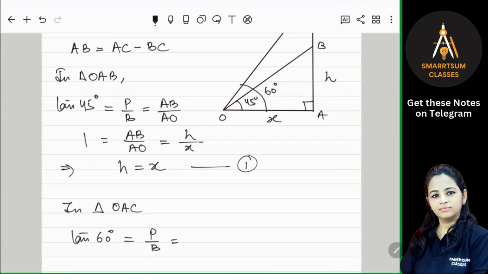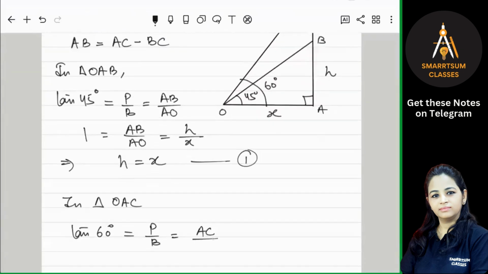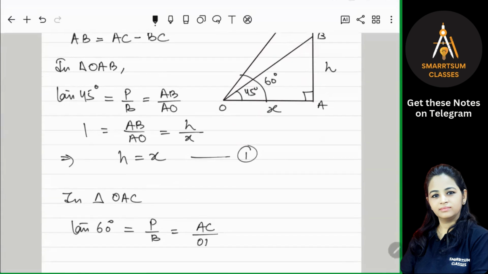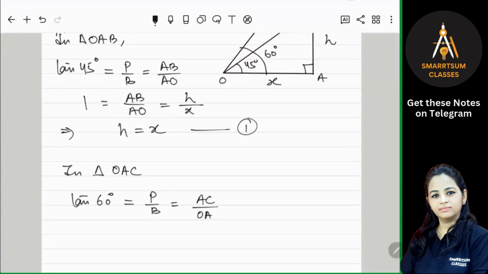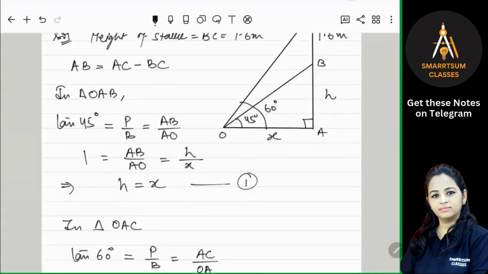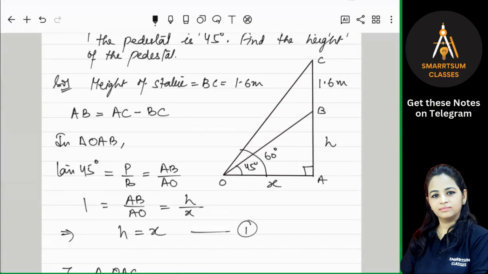Perpendicular is AC, and base is OA. Is that clear? Perpendicular upon base, that is AC upon OA. Getting that? Now, what is the value of tan 60 degree? Tan 60 degree is root 3. Getting it? And now what is AC? AC is H plus 1.6, the length of total statue and the pedestal.